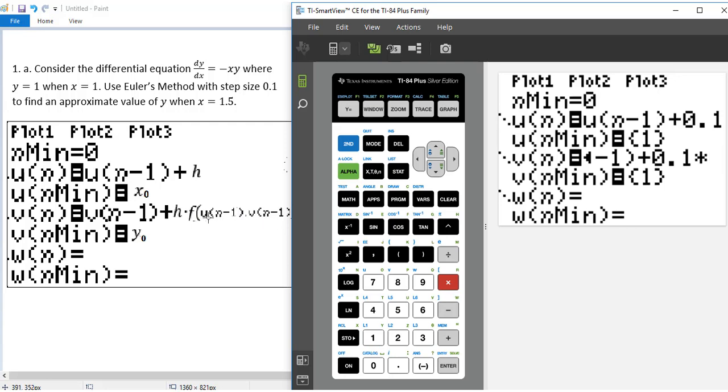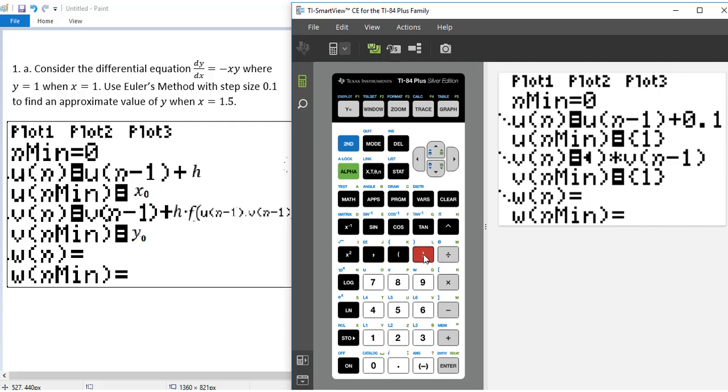substitute u sub n minus 1 and v sub n minus 1 into this differential equation. So you have a parenthesis, negative second 7, that's u, parenthesis n minus 1, then times v, parenthesis n minus 1.